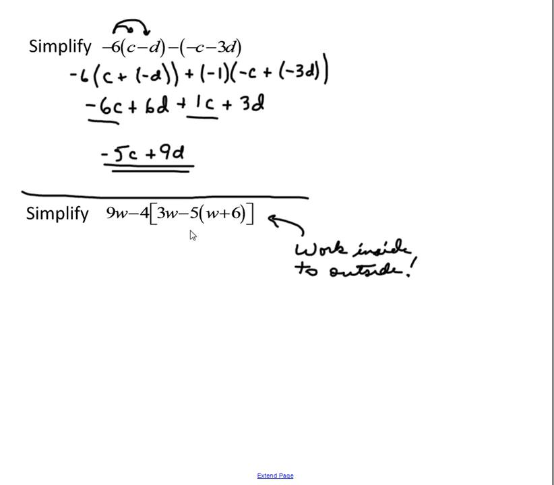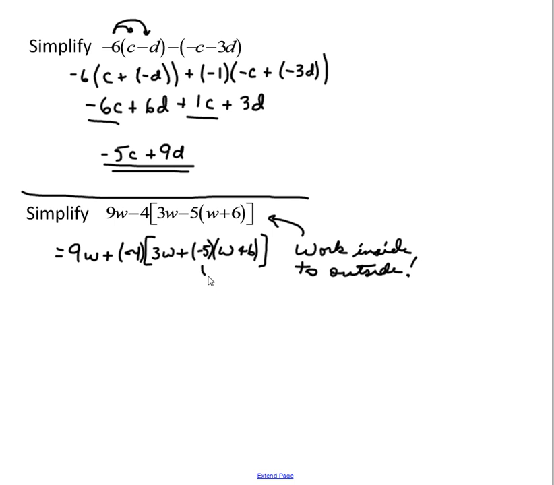Our first step, I'm going to rewrite everything so that I have all addition. 9w is added to negative 4 times 3w plus negative 5 times w plus 6.